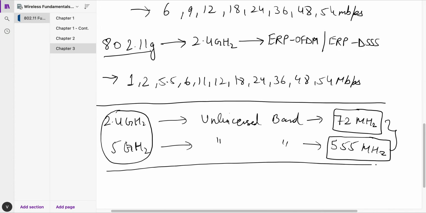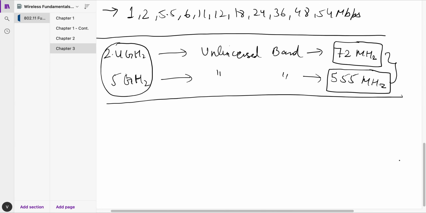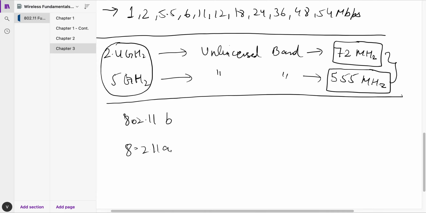Okay, so now what we can do is, of course, go ahead and understand some things more about 802.11b, 802.11a, 802.11g. This is 2.4 gigahertz, supports HRDSSS.